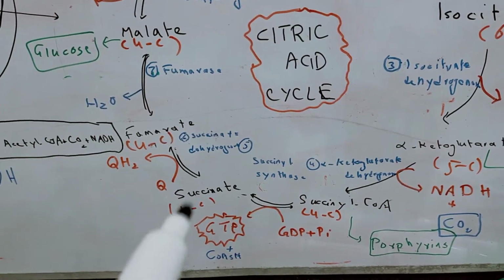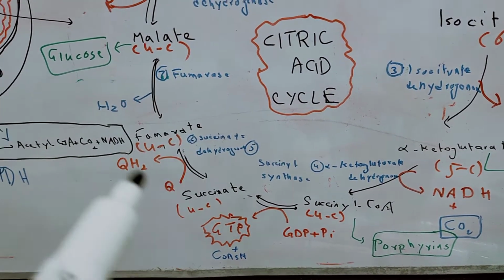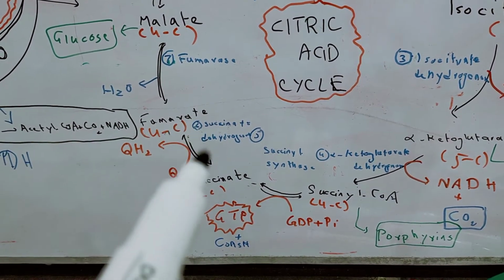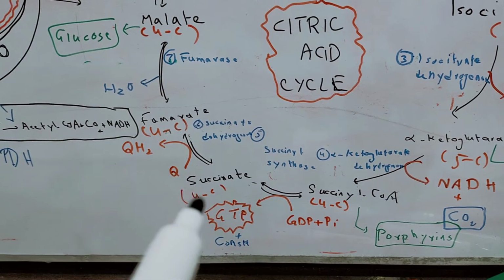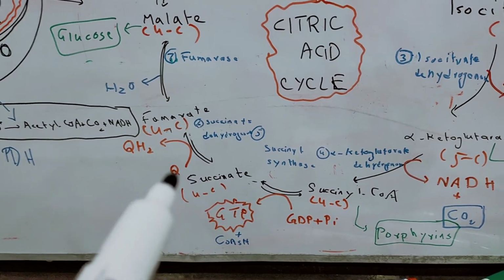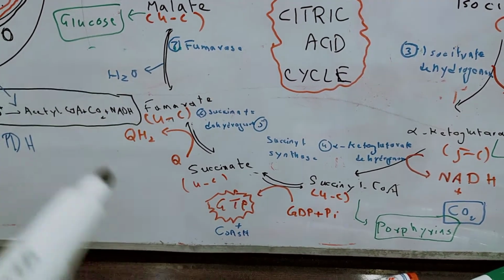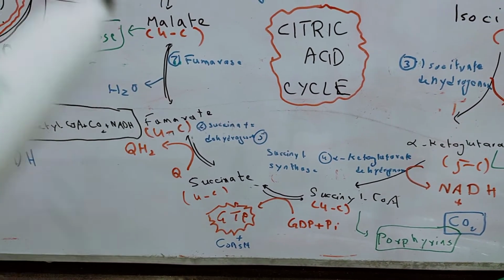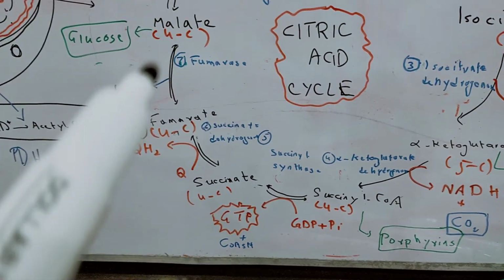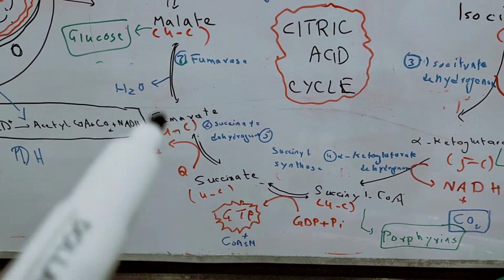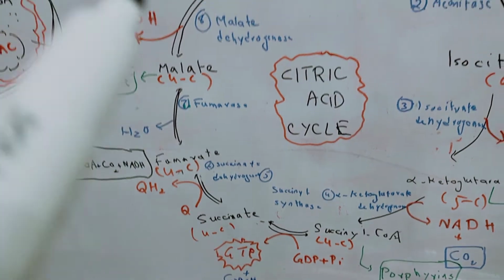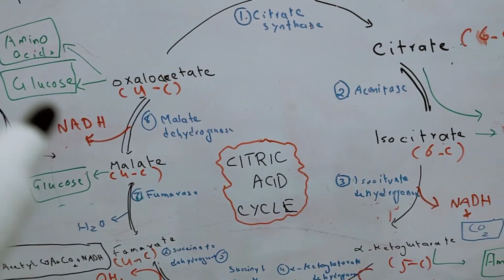From succinate to fumarate, the enzyme is succinate dehydrogenase, which involves reduction of the electron transport chain carrier quinone into reduced ubiquinone. Now fumarate will form malate, and this step involves addition of water. From malate, oxaloacetate will be produced.